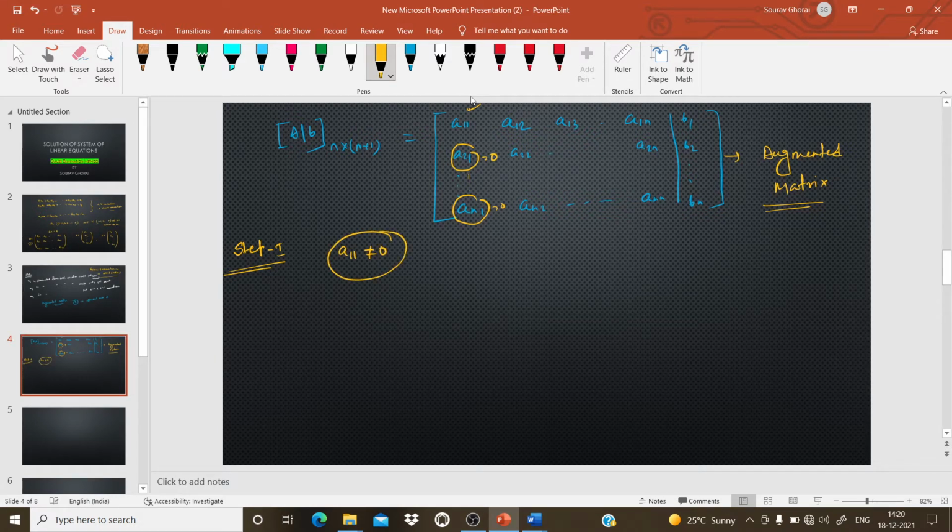If we make them 0, then we get the following: the elements of the first row are unchanged, the first column below a11 is 0, and the new terms I denote by a22 superscript 1, a23 superscript 1, and a2n superscript 1, and the rest are changed.